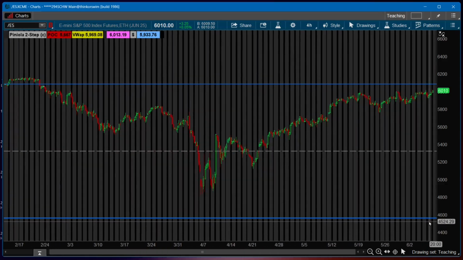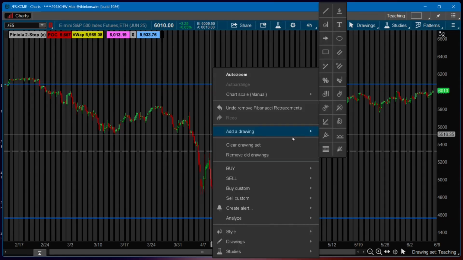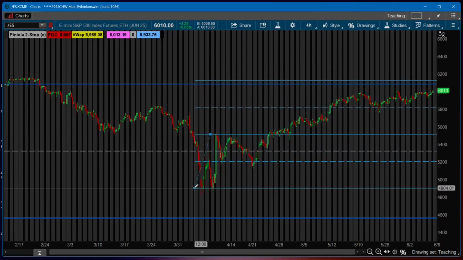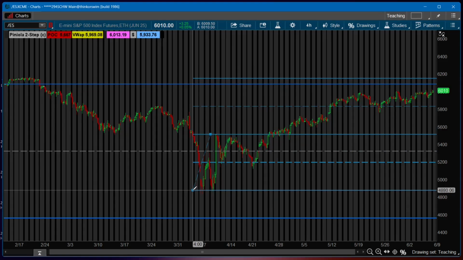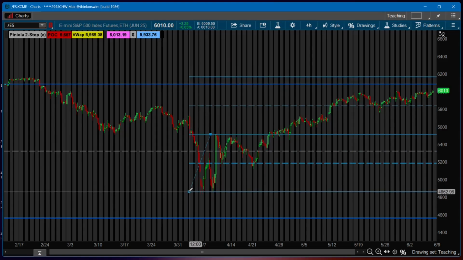Let's look at that on a 4-hour chart. Same thing as what it was on the daily.